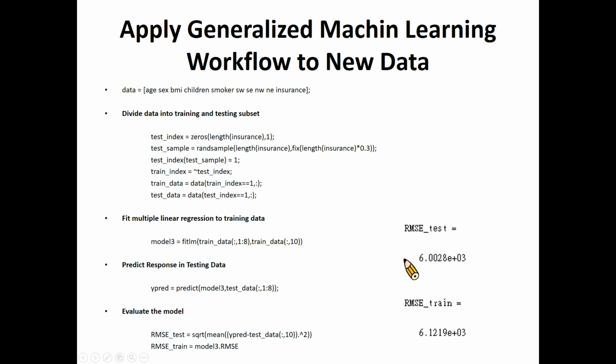You will also notice that the error in the testing data is comparable to the error in the training data. That means our model does not have the problem of overfitting. Then you can safely apply this trained model to real world data.